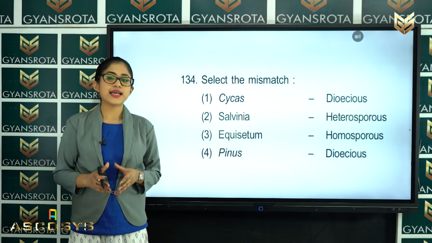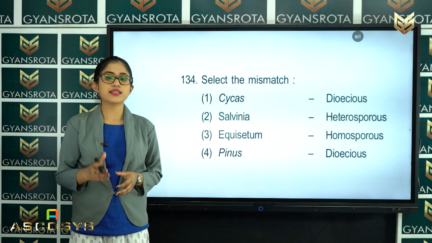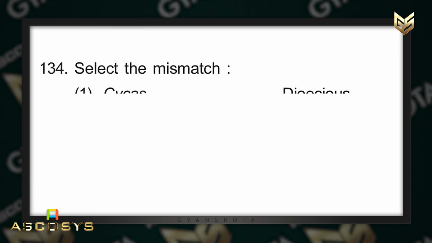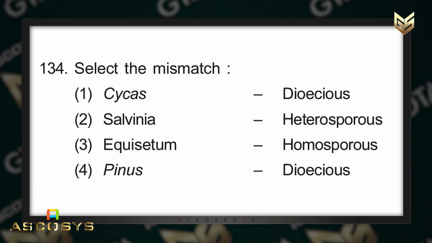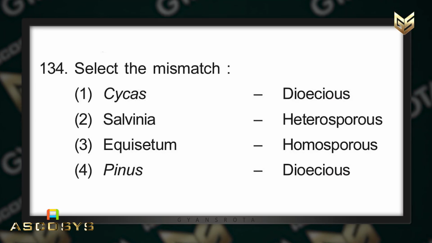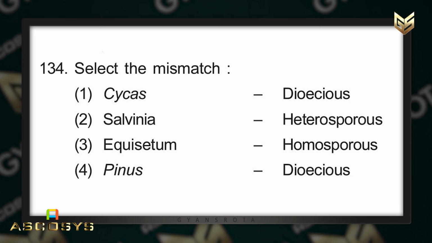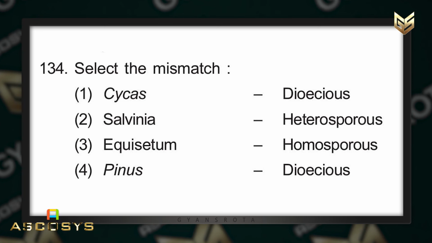Now in the next question, that is question number 134. Select the mismatch. Cycas has been matched with dioecious, Salvinia with heterosporous, Equisetum with homosporous, and the fourth is Pinus with dioecious.